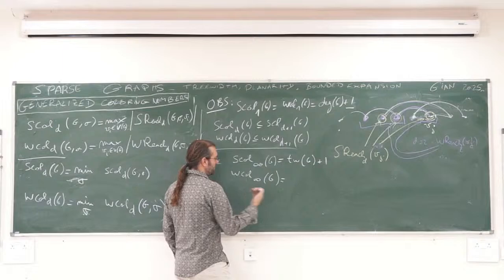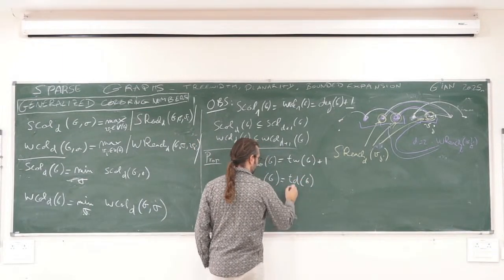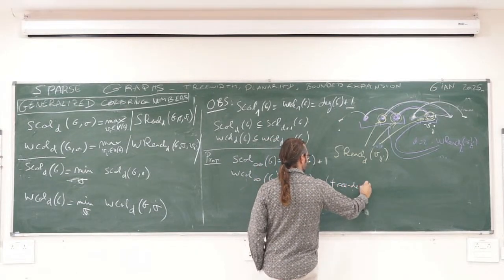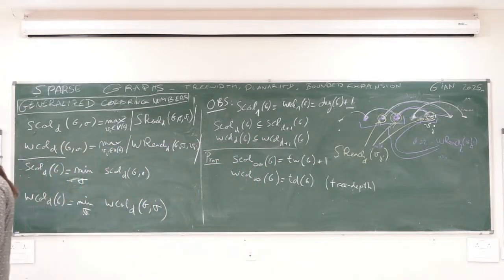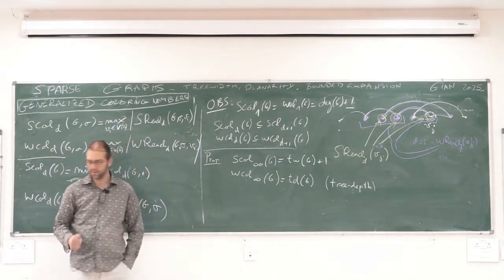And the weak coloring number is another thing that I will not define today, but it's called the tree depth. Tree depth is a stronger notion than treewidth; you are restricting your tree decomposition to some very special thing.